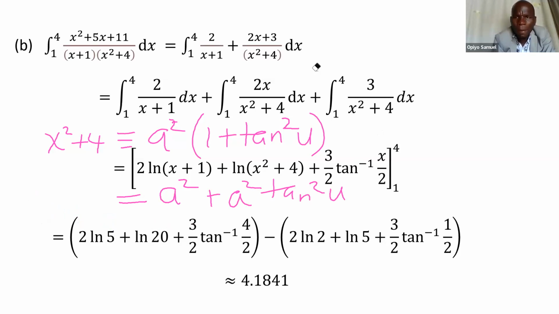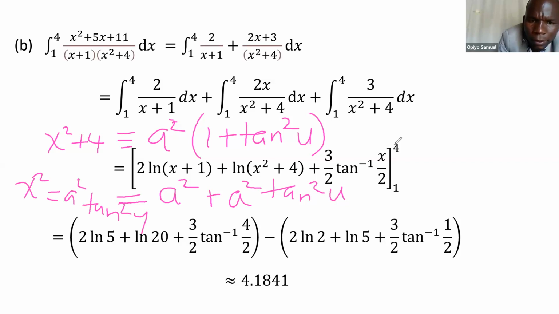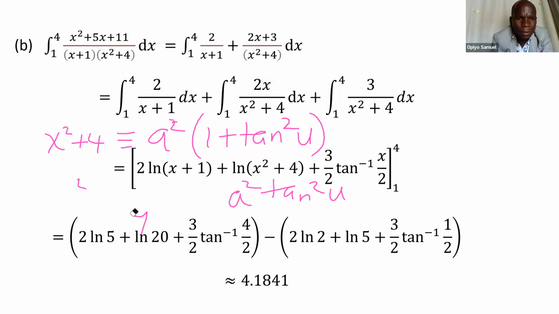Now another part is x squared is going to be equals to a squared tan squared u. That is another part. So we have x squared equals to this. When we take square root on both sides, remember a squared is 4.